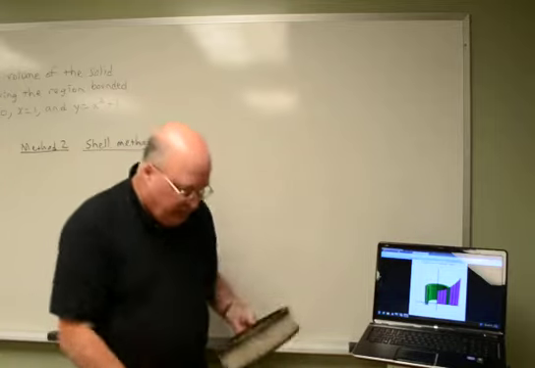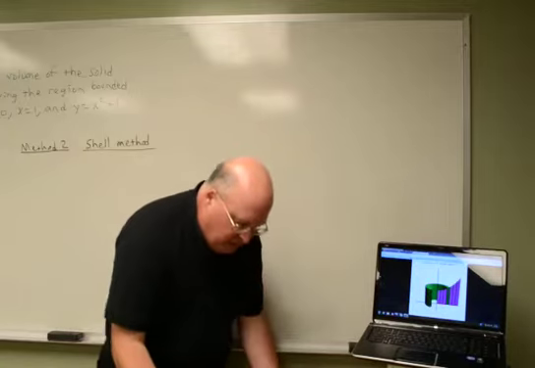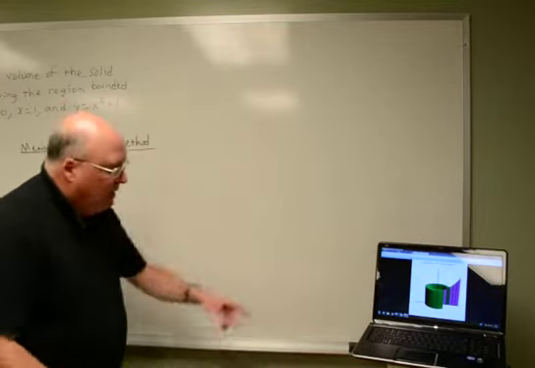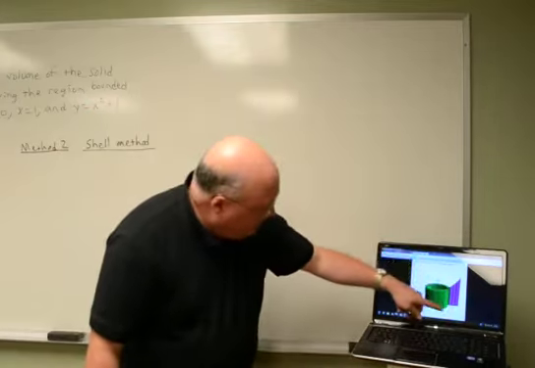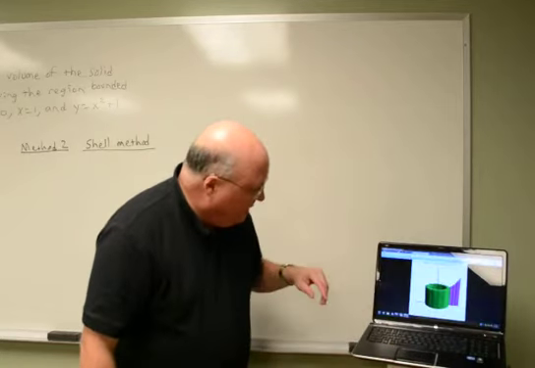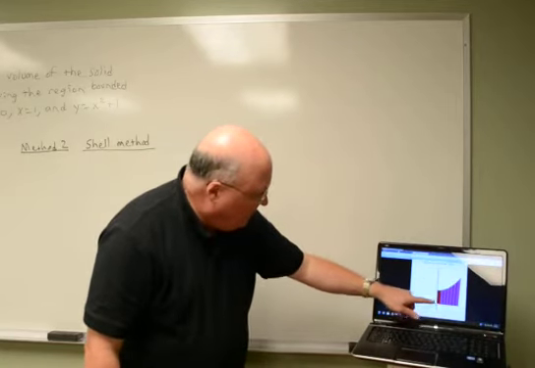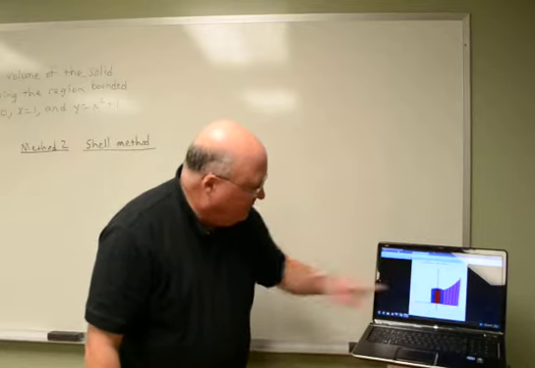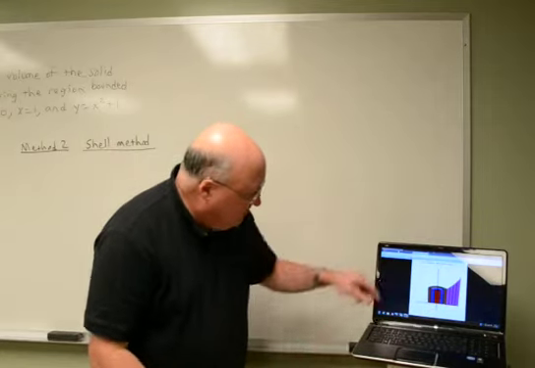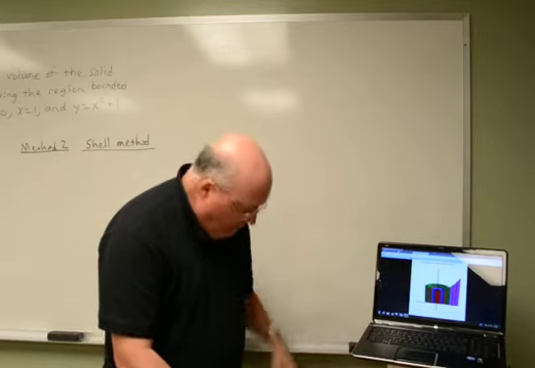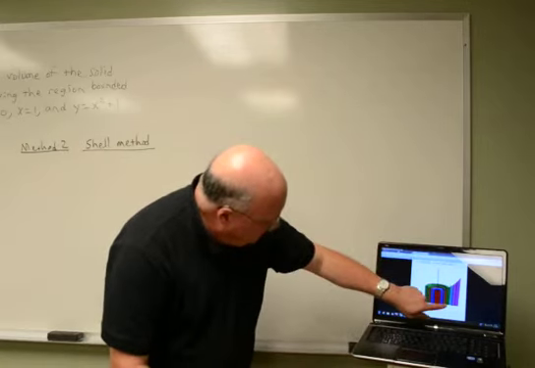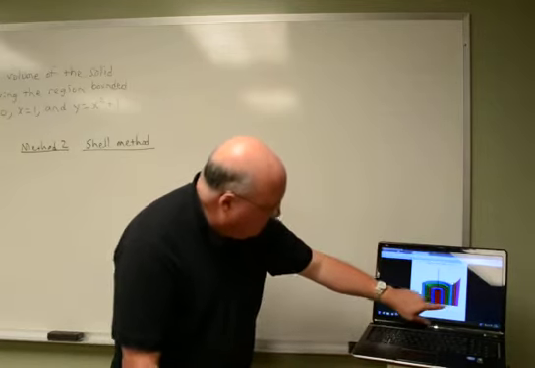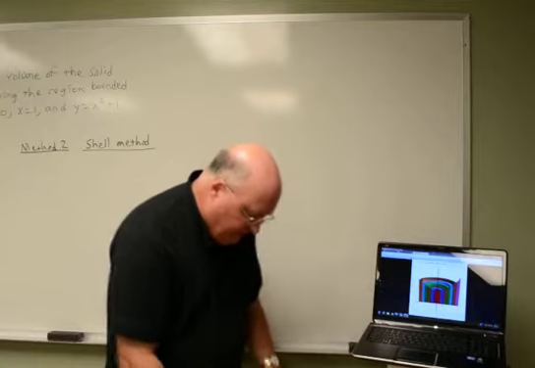So let's see if we can figure out what those dimensions would have to be. Look at the diagram. Do you see the height of the shell? The height of each shell happens to be the height of the curve, right? So that would be our height, and then the thickness of the shell is our delta x that we've been using to slice with.